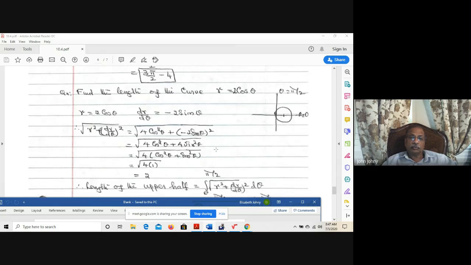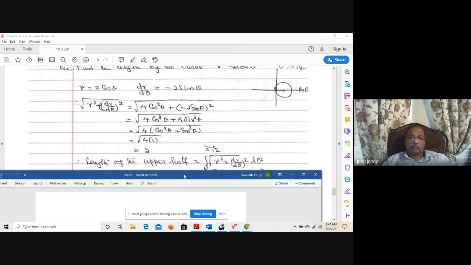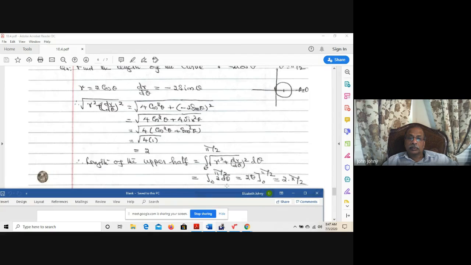Now you use the formula. Length of the upper half, theta varies from 0 to pi over 2. So length of the upper half is the integral from 0 to pi over 2 of square root of r square plus dr over d theta the whole square, d theta. That is the formula. And now that square root of r square plus dr over d theta the whole square is 2.